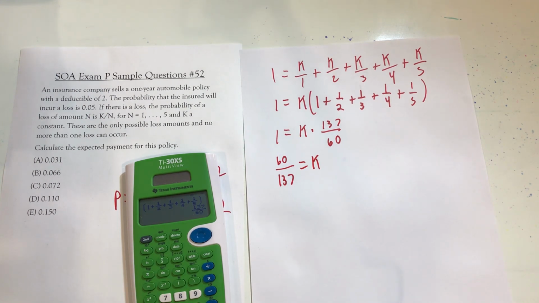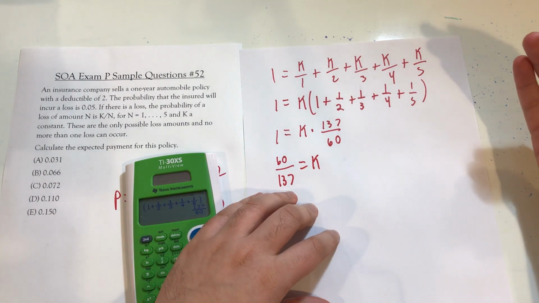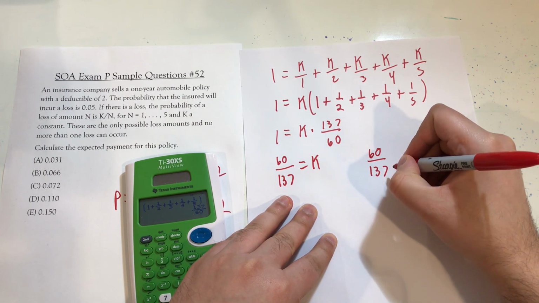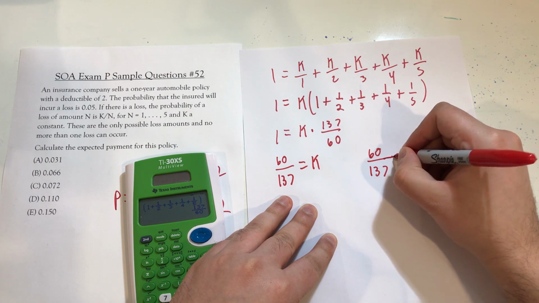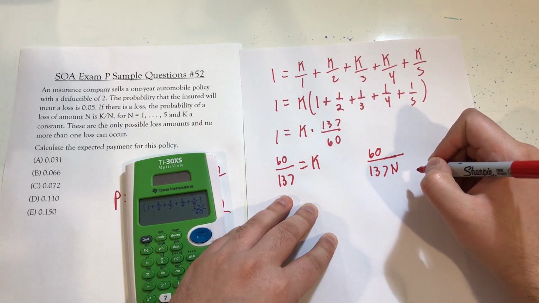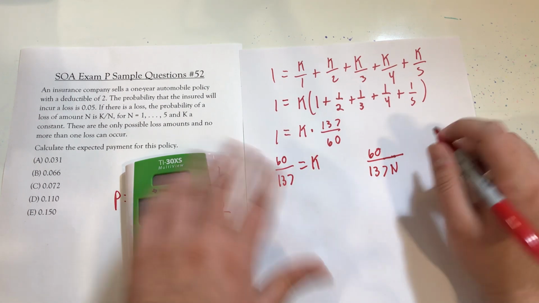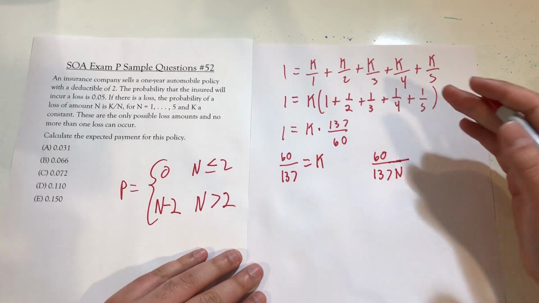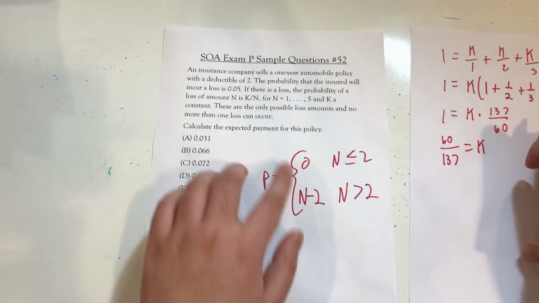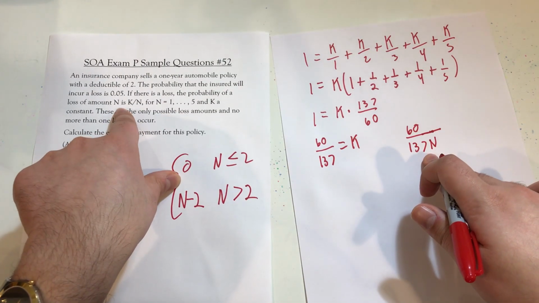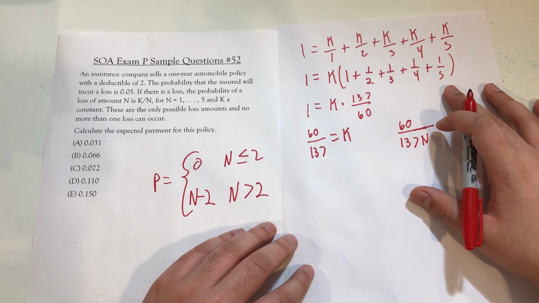All right, so now we found out what that constant is, and we know that if there is a loss, the probability of a loss amount is 60 over 137 multiplied by 1 over n, or just an n in the denominator. That's the probability of a specific loss if there is one. If there is a loss, the probability of the loss amount is the following here. Not the probability of a loss.